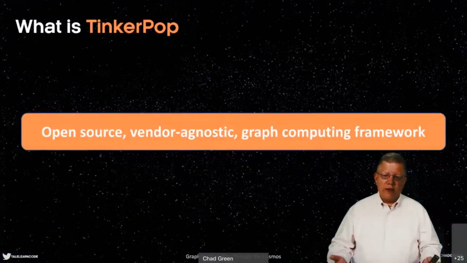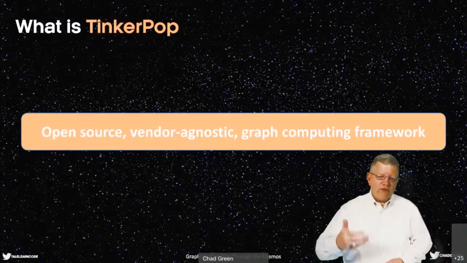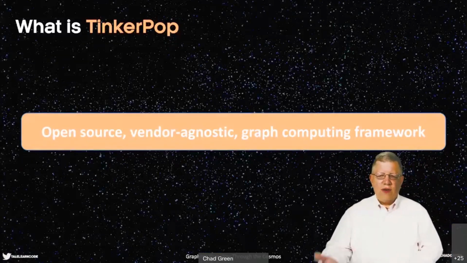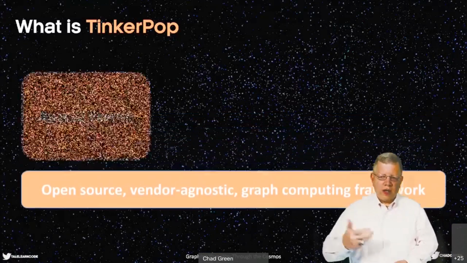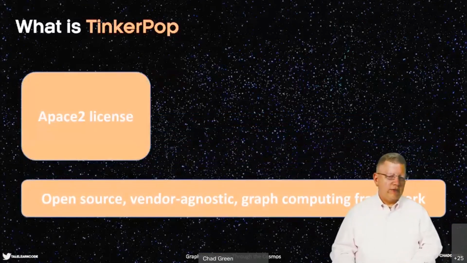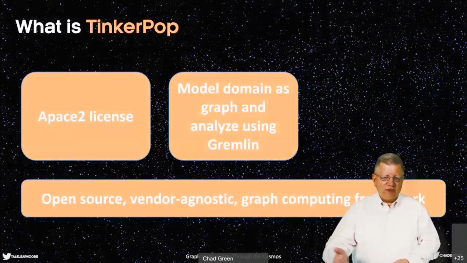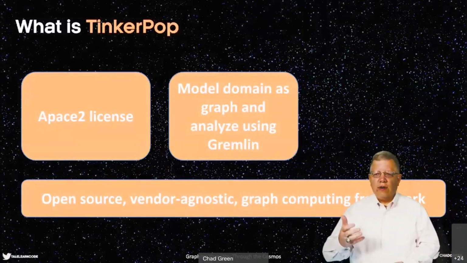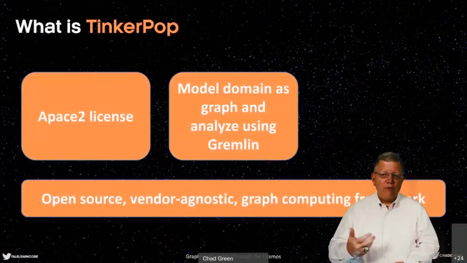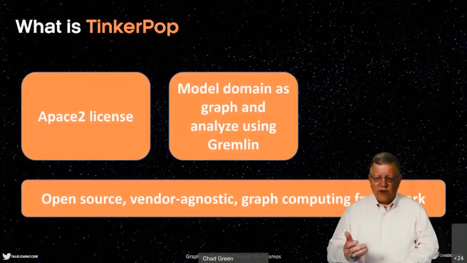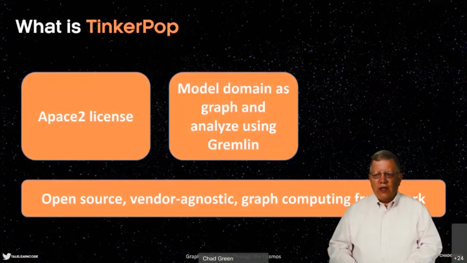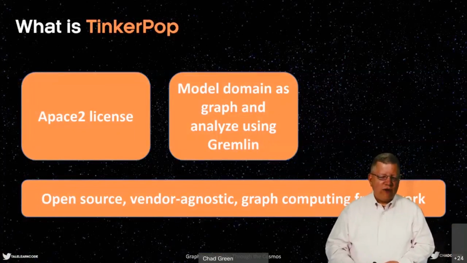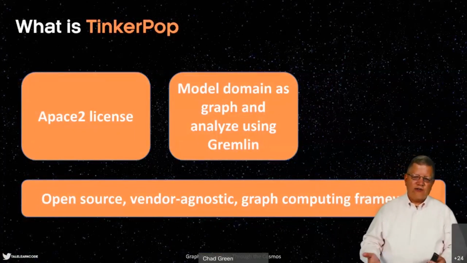So what is this? Gremlin is actually part of Apache TinkerPop, which is an open source, vendor-agnostic graph computing framework distributed under the commercial-friendly Apache 2 license. When a data system is TinkerPop-enabled, its users are able to model their domain as a graph and analyze that graph using the Gremlin graph traversal language. So it's actually called a traversal language.